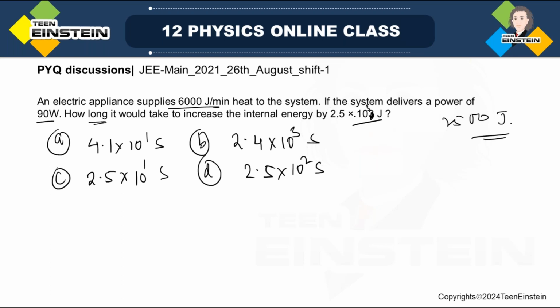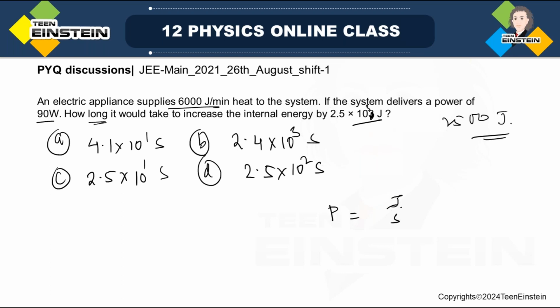See, for better understanding we should always read the question again and again. So let us read the question. An electric appliance supplies 6000 joule per minute heat to the system. If the system delivers power this much, power means what?